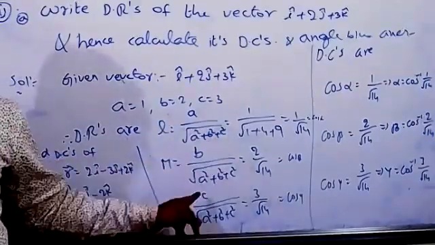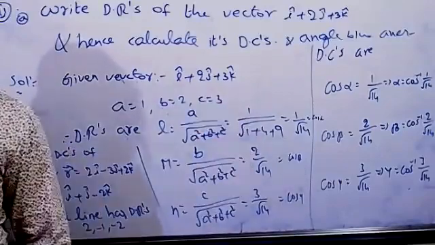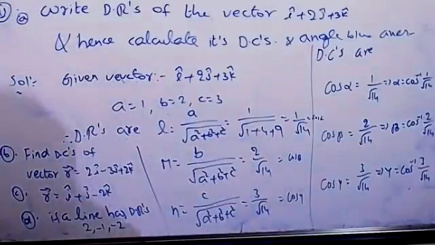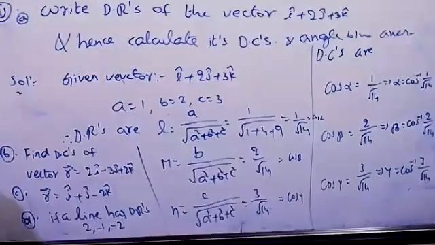Based on the vectors, and if they give any angles, then we'll take cos alpha, cos beta, and cos gamma. Okay. Try now all of you. Just you can take it one time, I can solve that.